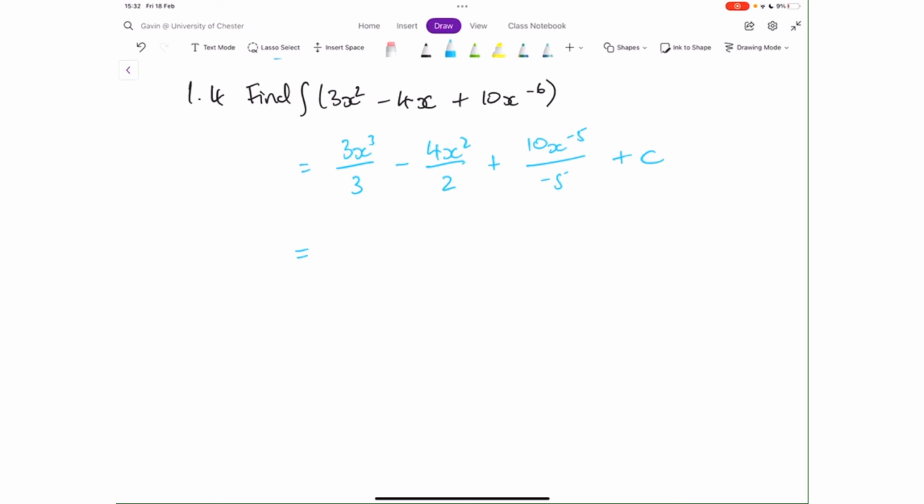And that is equal, I can simplify that slightly, 3 over 3, so that's just x cubed minus 2x squared. In this case now minus 2x to the minus 5 plus c. And there are the answers to the self-test problems.